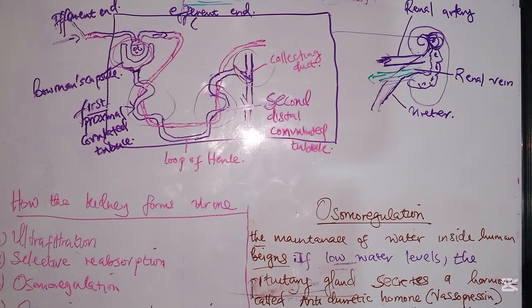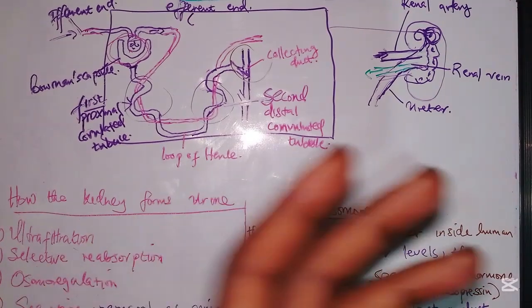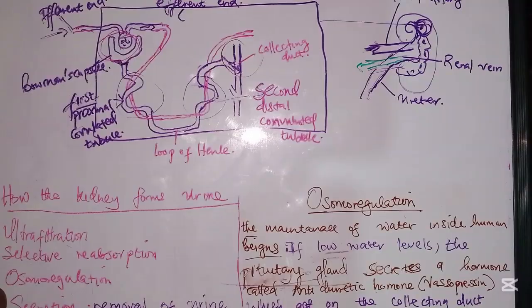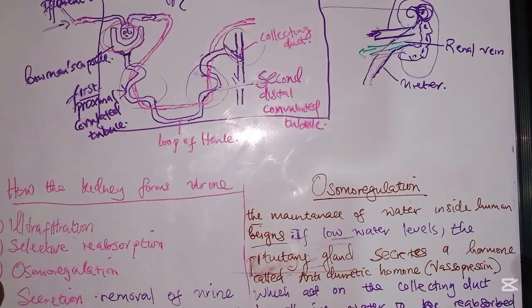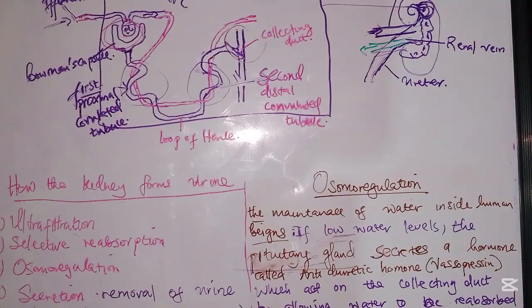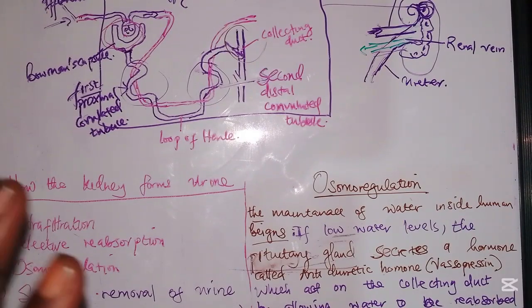Biology is not about the quantity but about the quality. You can write 2 pages but still get what? Less marks. So you need to know what to put in your answers for you to score marks. So this is where our second and conclusion of the excretion topic is.